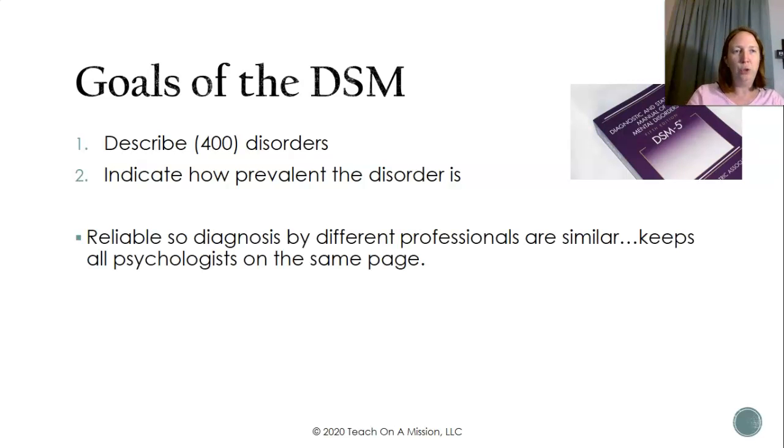It is meant to create a reliable resource for diagnosing patients. In other words, if you think you might be suffering from PTSD, if you go to 2 or 3 different psychologists for different opinions, that if you truly have PTSD, you would get a similar diagnosis.